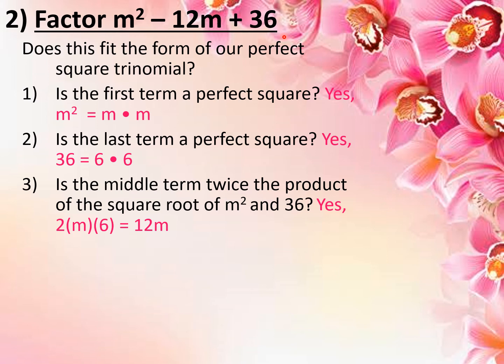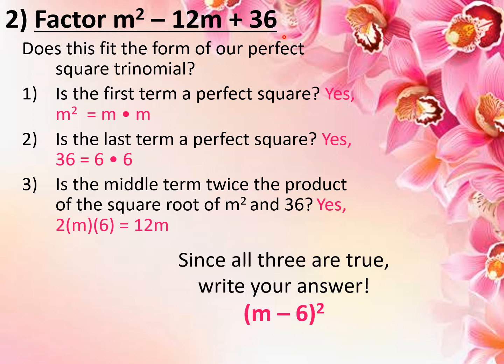So, unsay answer ani ug ato siyang i-factor? Ang answer kay m minus 6 squared. Giunsaan pagkuha ang m minus 6 squared? So, get the square root of first term, which is m squared. Ang square root niya kay m.